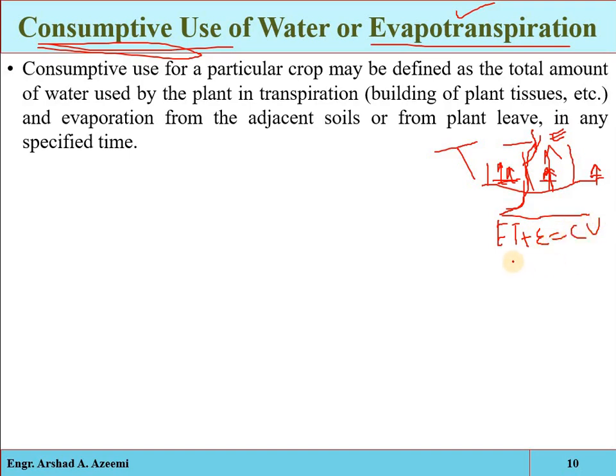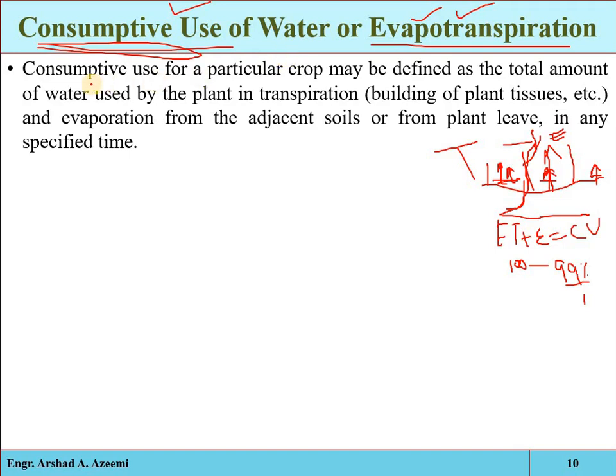Remember, suppose 100% of water is utilized by a plant, out of that 99% is consumed by evapotranspiration. The rest, 1%, is utilized in other chemical reactions or the breaking of food particles. So we can say that consumptive use is approximately equal to evapotranspiration, but in actuality the consumptive use is greater than the evapotranspiration by 1 or 2%.